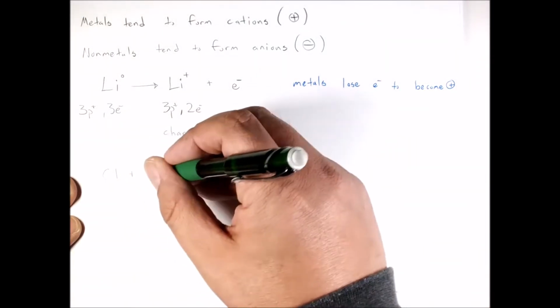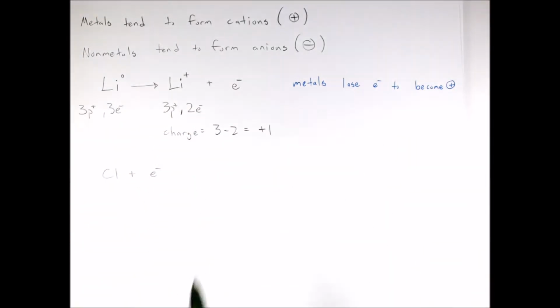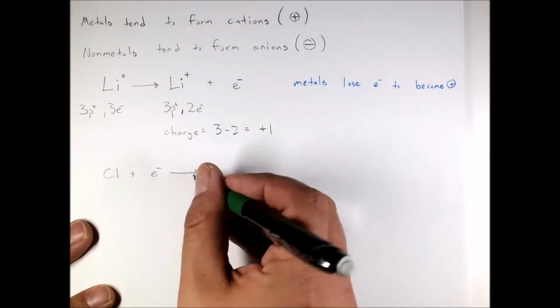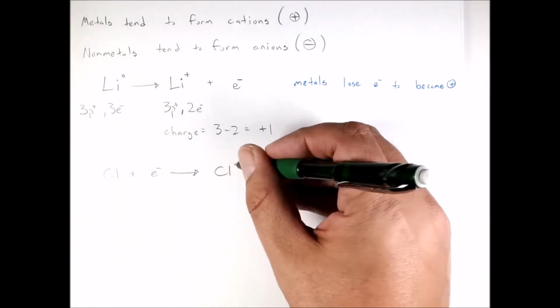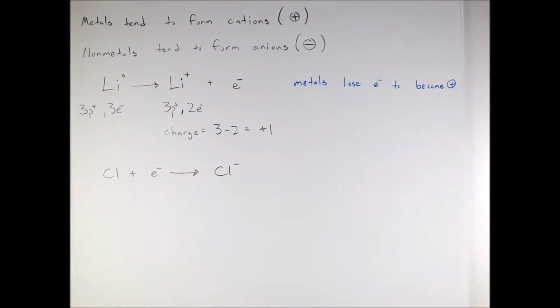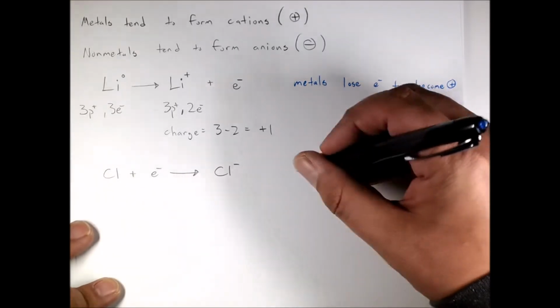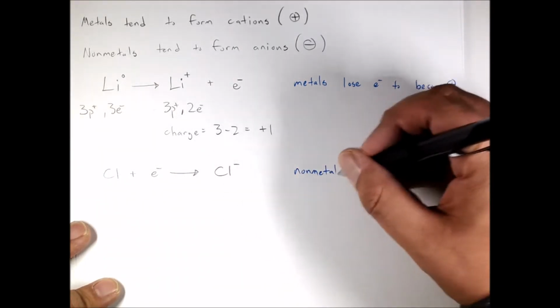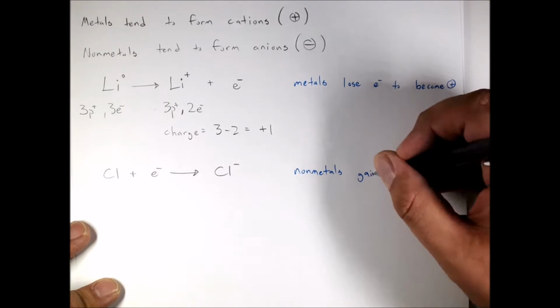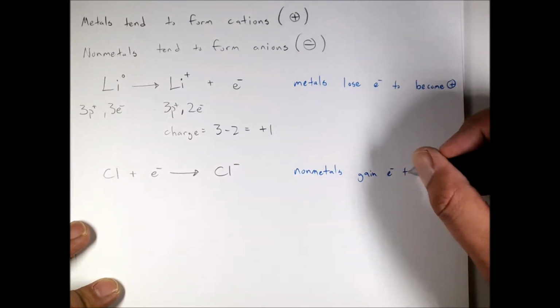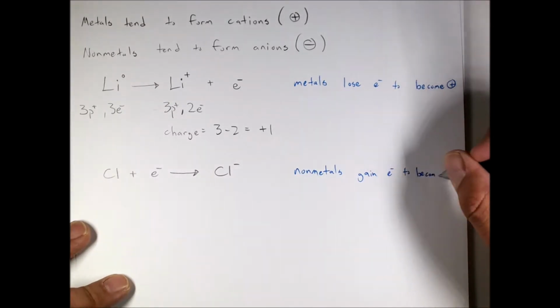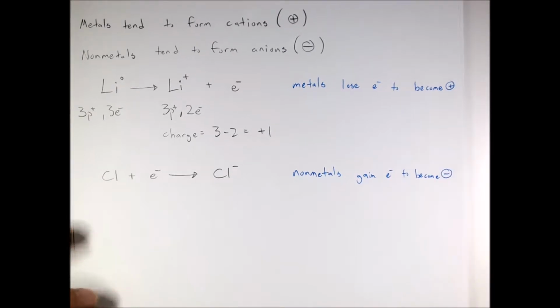So the way we show that is you put the electron on this side, and then these combine to make a Cl minus. So we can say that non-metals gain electrons to become negative.